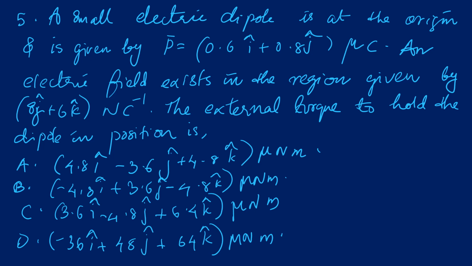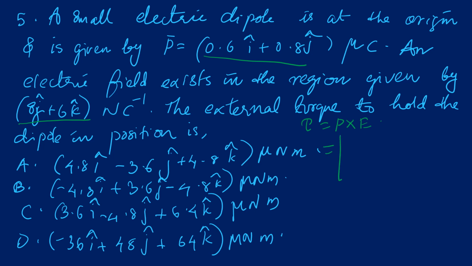A small electric dipole is at the origin and is given by P equal to 0.6 i plus 0.8 j microcoulomb. An electric field exists in the region given by 8 j plus 6 k Newton per coulomb. The external torque to hold the dipole in position is, equation for torque is P cross E, or we can say P sine theta.